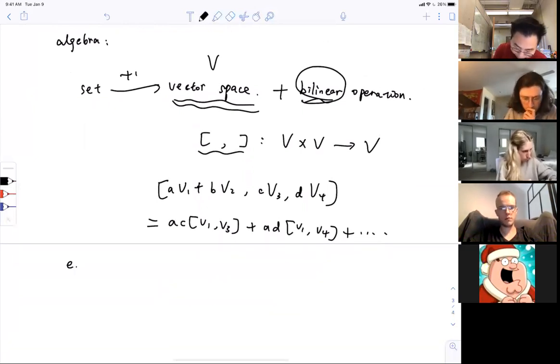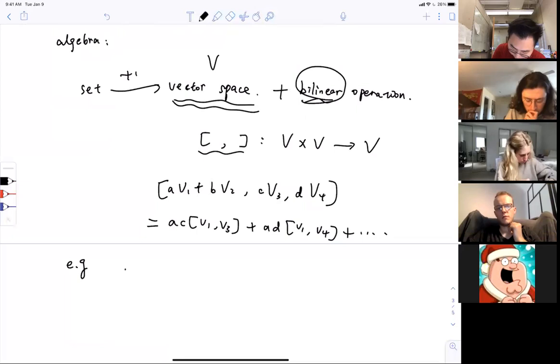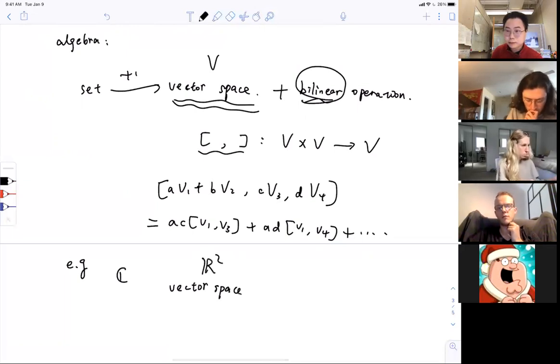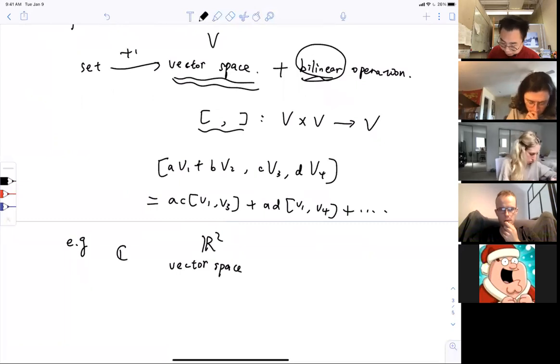There are many examples we're familiar with. For example, the complex numbers. In this case, the vector space is R2, and the bilinear operation is multiplication of complex numbers.